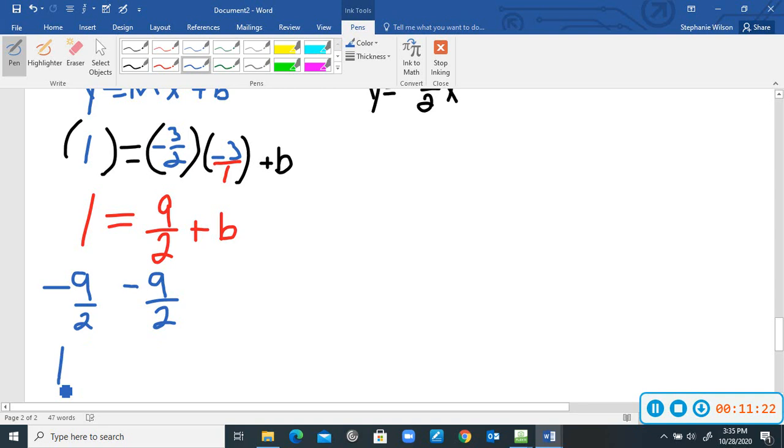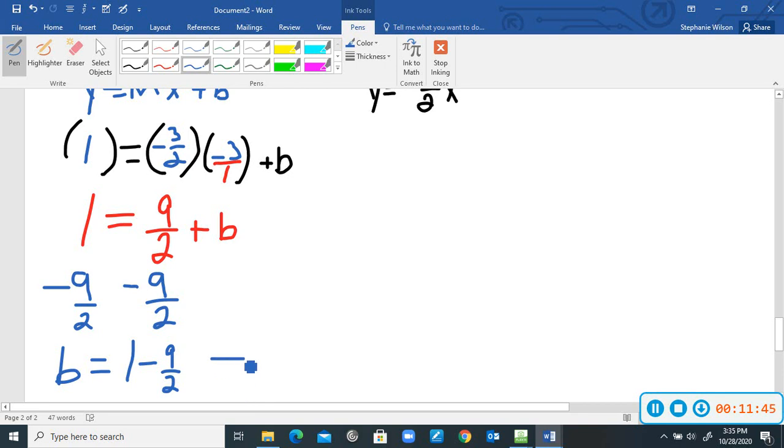So when I do that, now I've got 1 minus 9 halves. I'm going to do some extra steps here because I want you to refresh your memory on basic math. This seems to be a struggle sometimes. But whenever you add or subtract fractions, you have to have a common denominator.